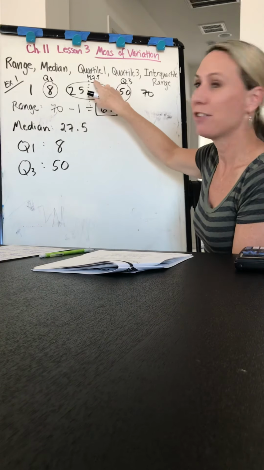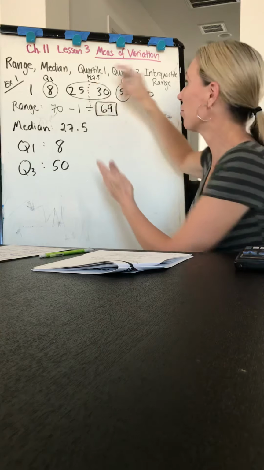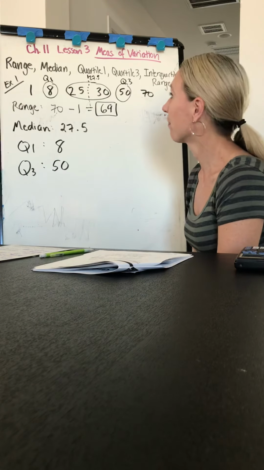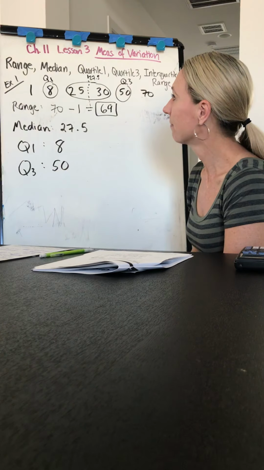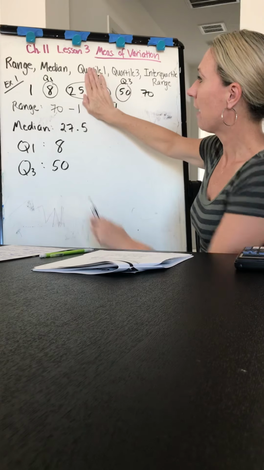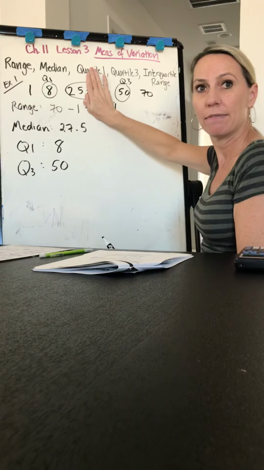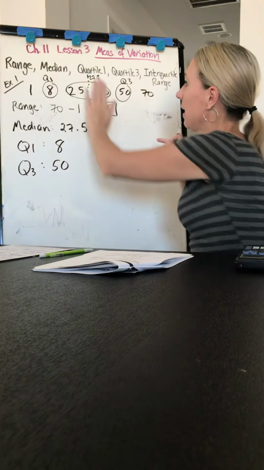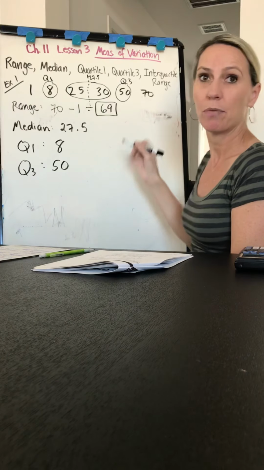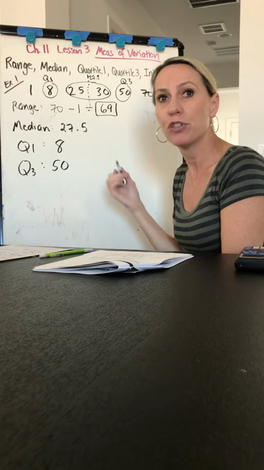We're just looking at what's left to the right and what's left to the left. You take your median out and then you find the median of the data on the left. Then you take your median out, whatever it is, and find the median again of what's left on the right. And we'll do some more examples.